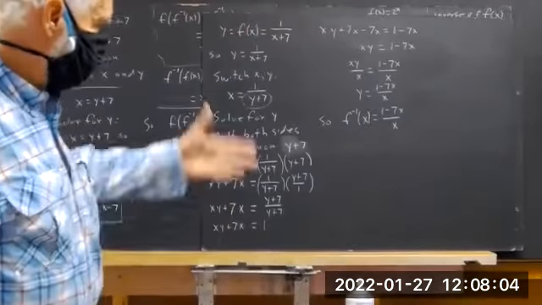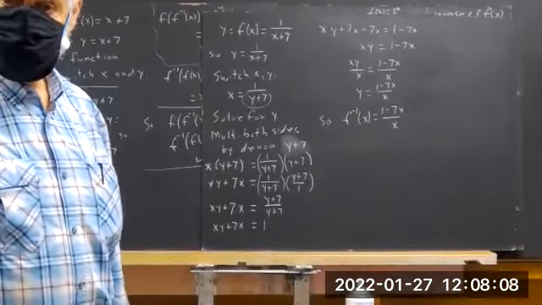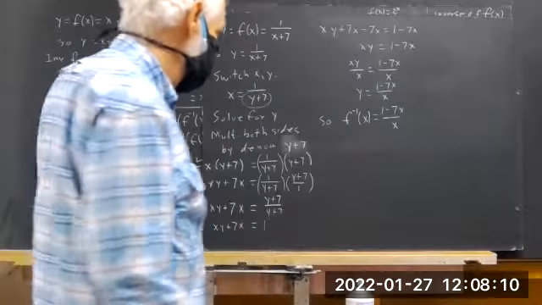f inverse of x is 1 minus 7x over x. And you can verify that.